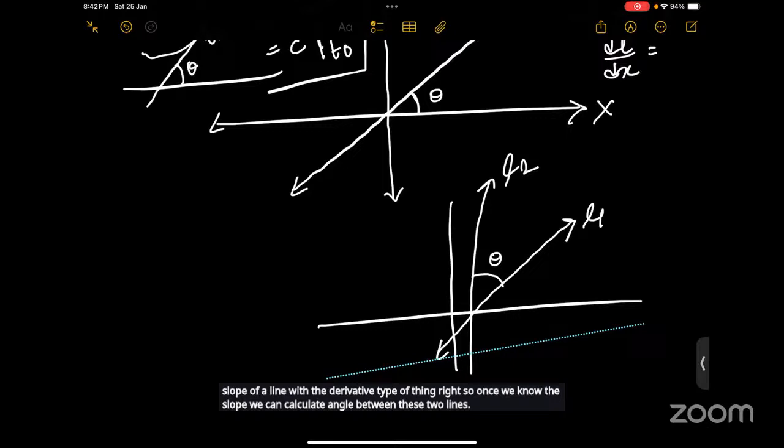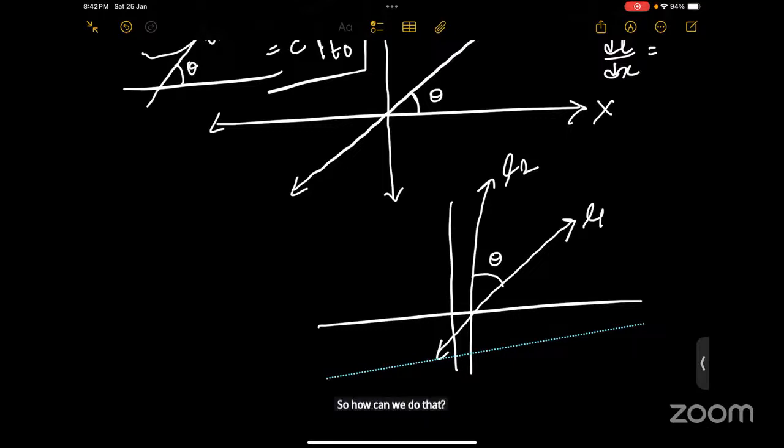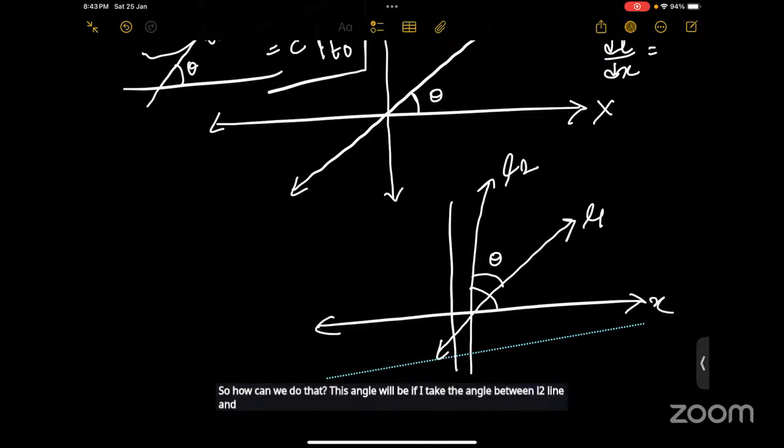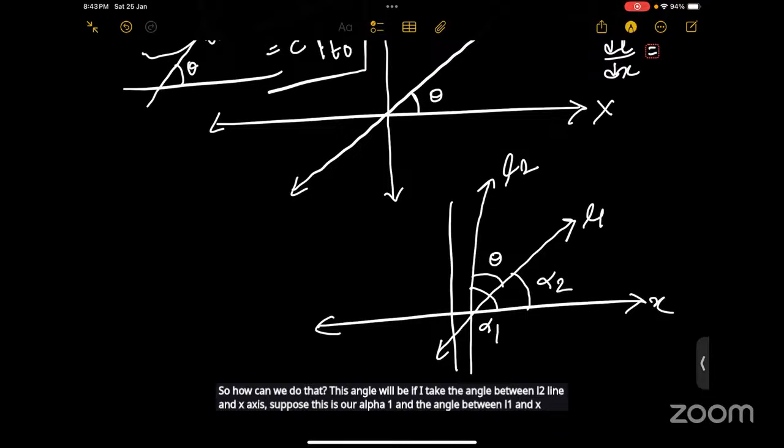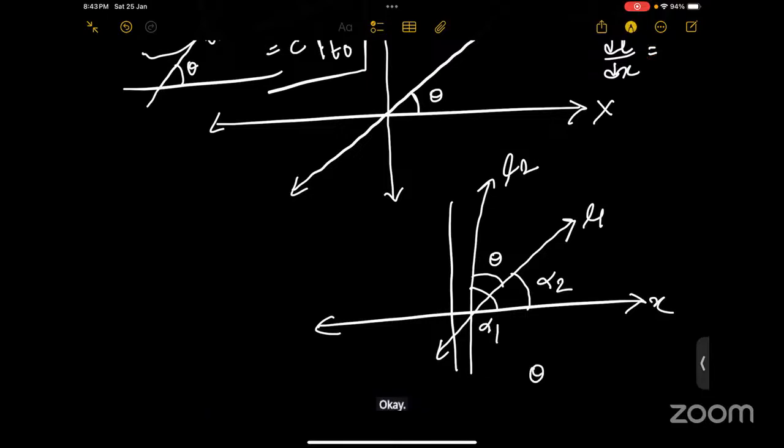So how can we do that? If I take the angle between the L2 line and the x-axis, suppose this is our alpha 1, and the angle between L1 and the x-axis is alpha 2. Then theta will be nothing but alpha 1 minus alpha 2.